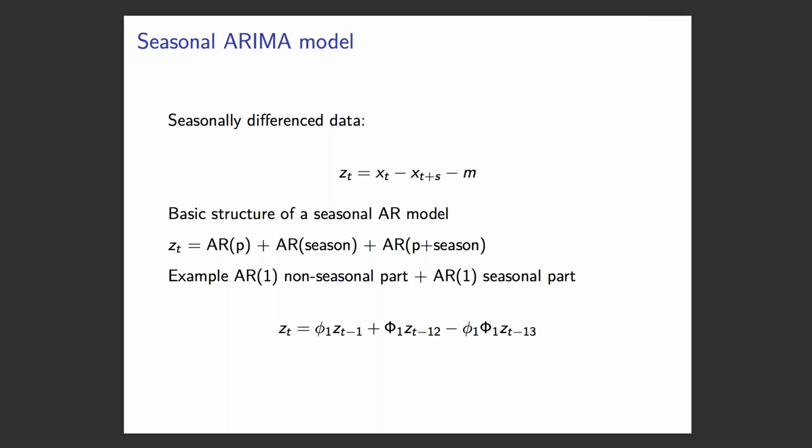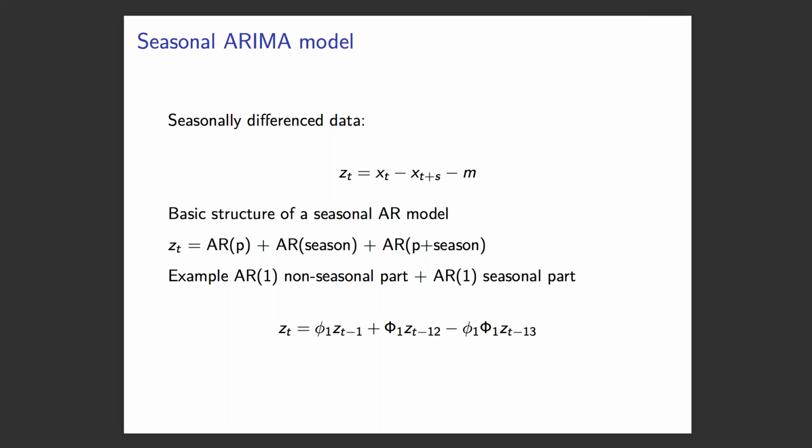Would there be cases where it's best to just remove the seasonal component, like you would remove a mean trend or something, as opposed to modeling it via this seasonal ARIMA model? So that seasonal difference removes the season. But it's still dependent, like the AR1 process on the season before, right?